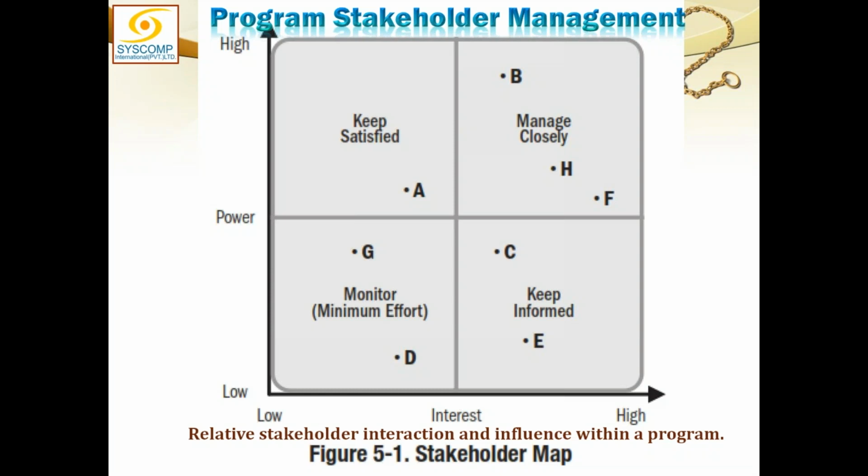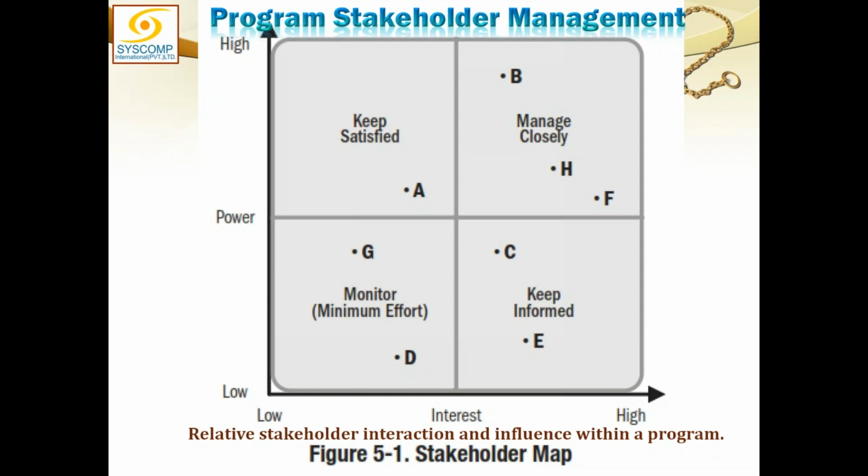Now, simply by looking at it, you can very easily see which is the most important box, which is the most important quadrant. That is top right, high in power and high in interest. So here, who are lying there? P, H, and F. These three stakeholders are there.